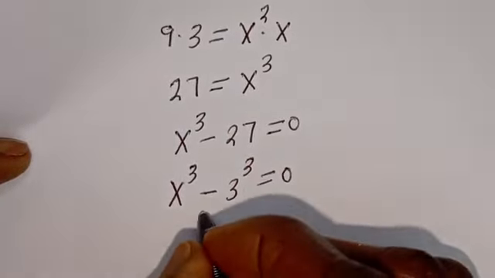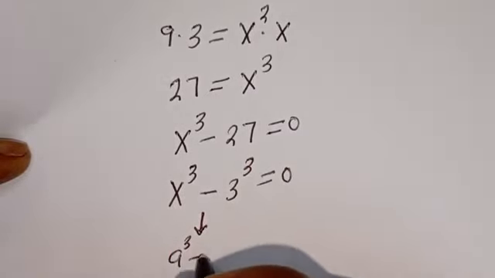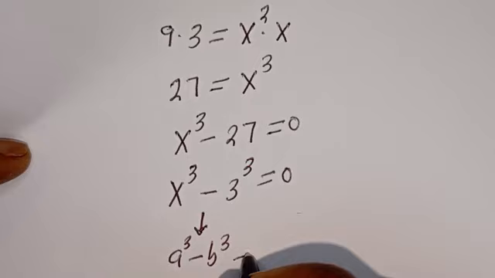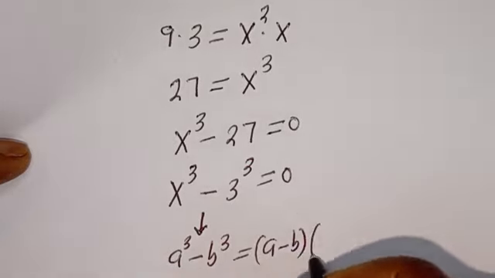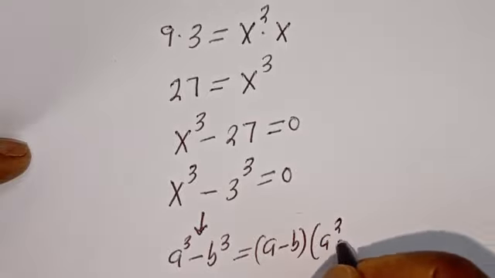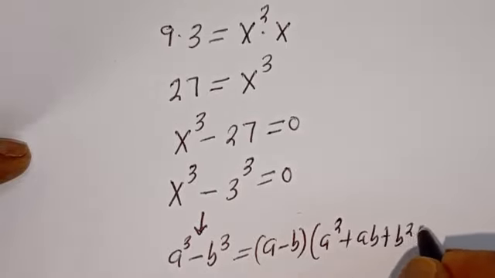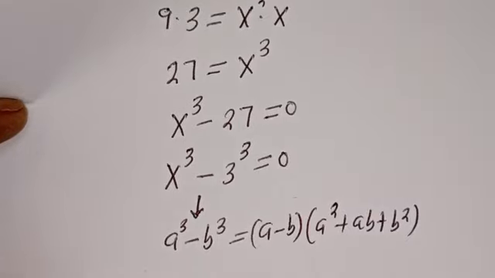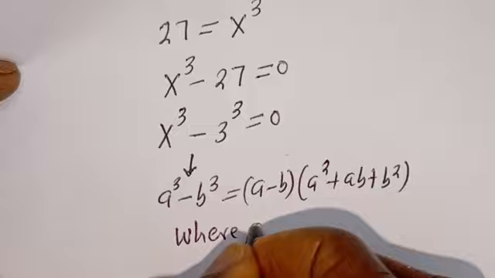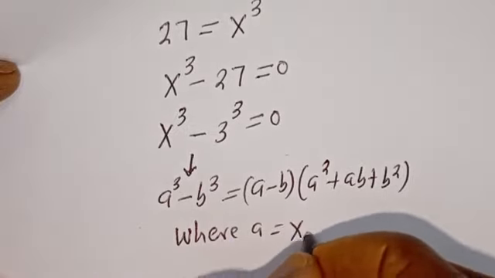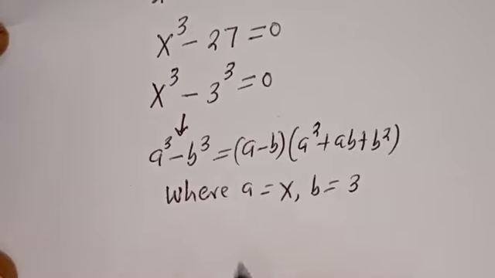Take note of this rule that if you have a to the power of 3 minus b to the power of 3, this is equal to a minus b bracket a square plus ab plus b square. Then where a is equal to s and b equal to 3.